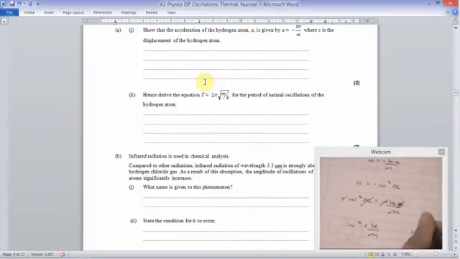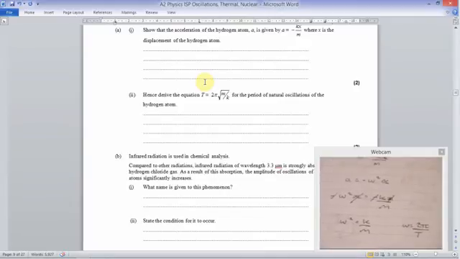Omega is equal to 2 pi over T. So omega squared must be equal to... We're going to get a very long way around this.